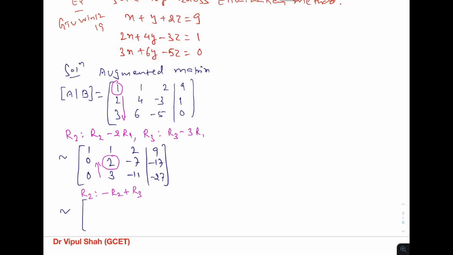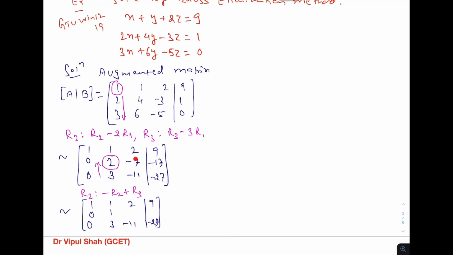So let us do it. So 1, 1, 2, 9. The change is only in the second row. The third row is the same: 0, 3, minus 11, minus 27. Now this is 0. So 3 minus 2, this is 1.